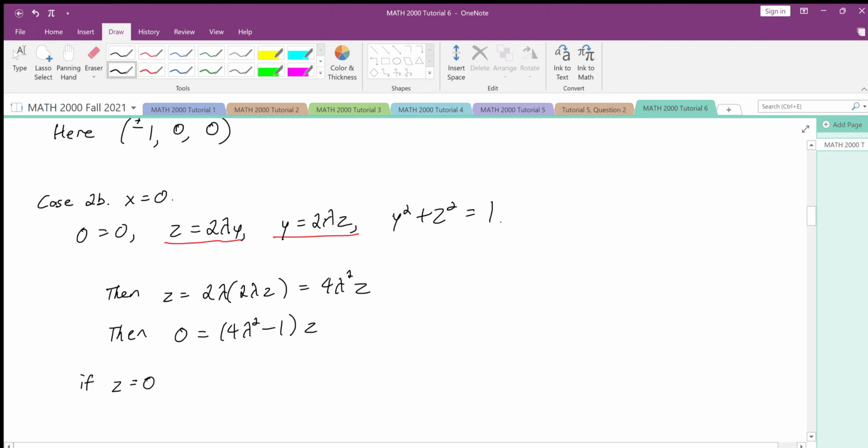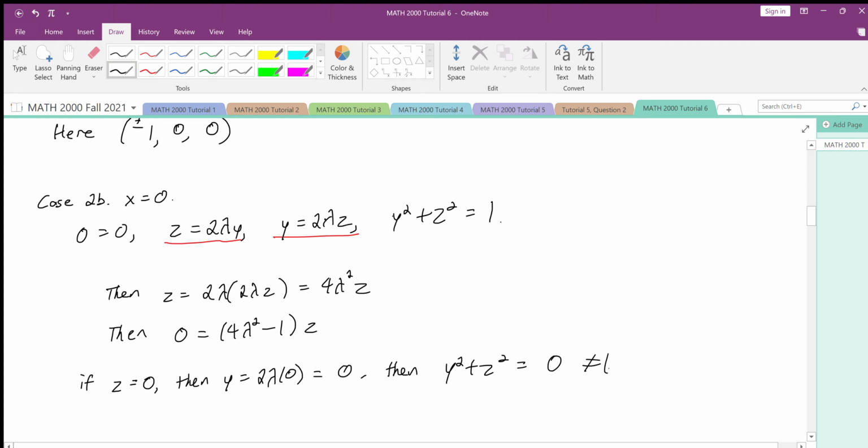If z is equal to 0, because either this is 0 or this is 0. So if we consider what happens if z is 0, then y is equal to 2 lambda z, which is 0. But then we would have y squared plus z squared is equal to 0 squared plus 0 squared, which is 0.